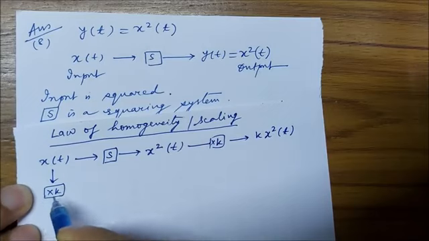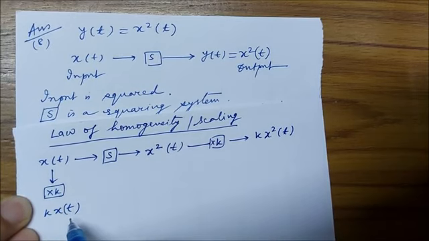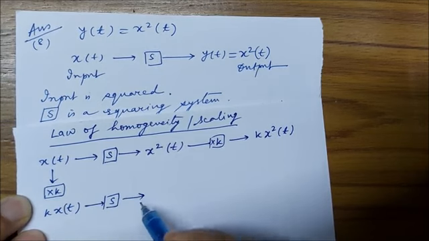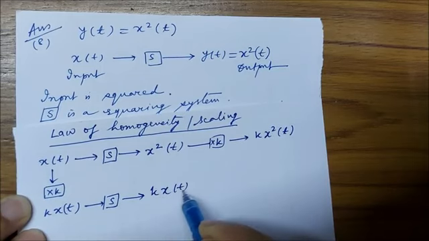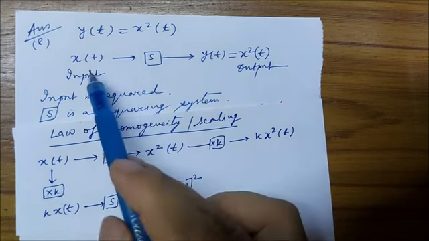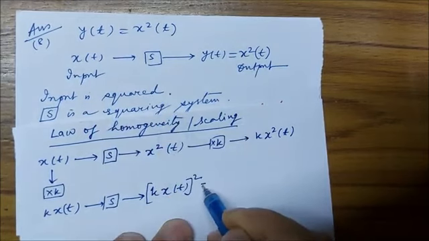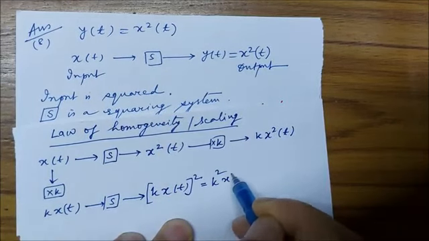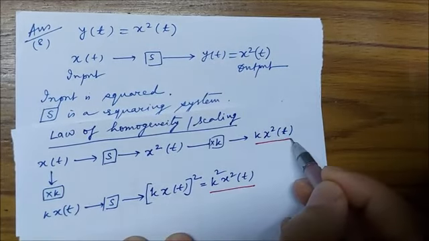Now scaling before passing it through the system means the stimuli is scaled to kxt before passing to the system, after which what we get is kx square, because it is a squaring system. X goes to x square, input is squared.